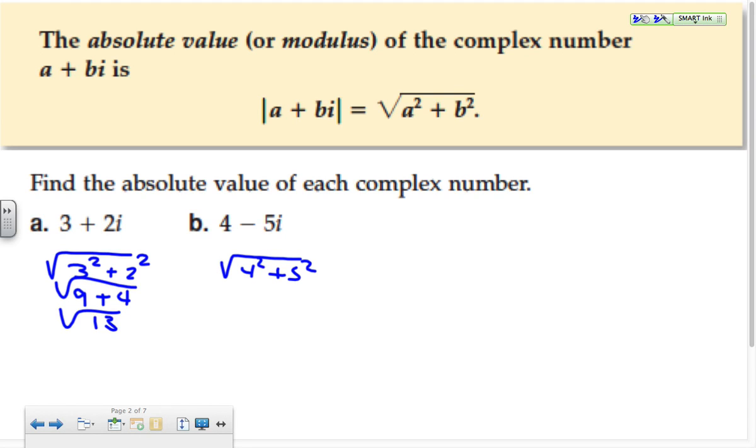It really doesn't matter that there's a minus in there, because when we square everything, it becomes irrelevant. So 16 plus 25 is the square root of 41. If you can take the square root, definitely take it. Like if the answer were the square root of 16, it would be 4. If you can't take the square root, just leave it as a root.